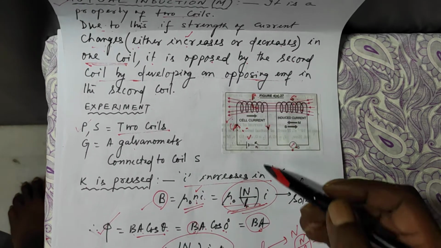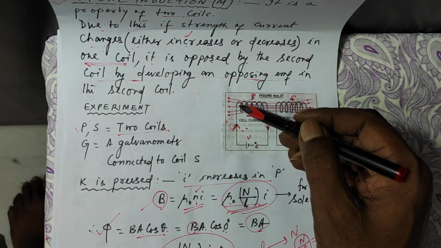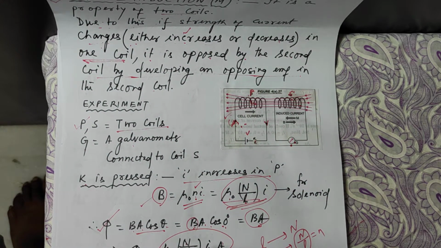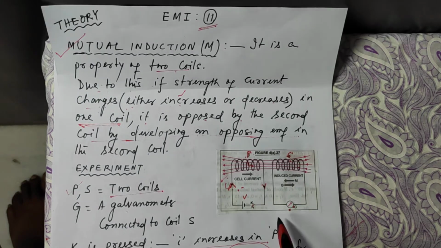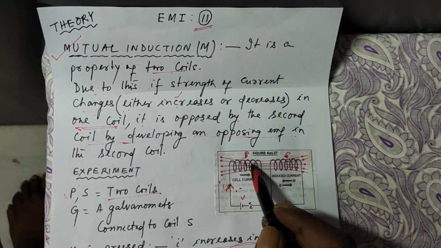Now look, when this key is switched on, the current increases. If I increases, then this thing increases. Therefore flux increases in coil P. Now the same flux is associated with the coil S also.